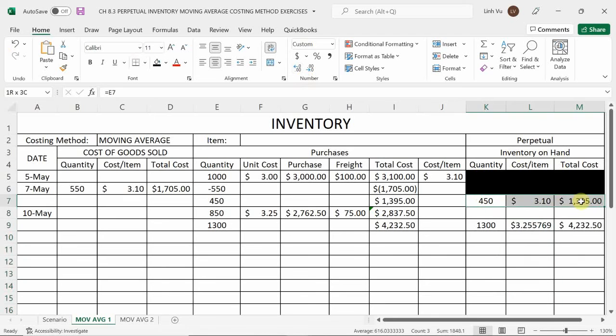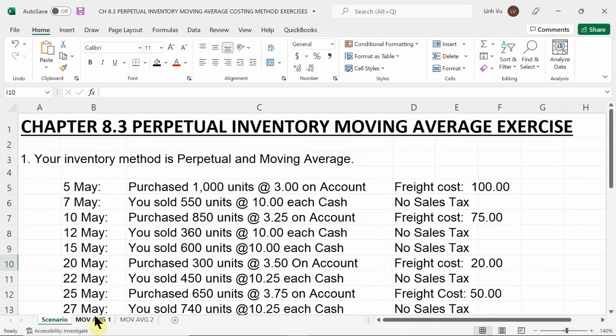So because I did cell reference, I cell referenced it when I copied this over, I need to block it off because I don't care for that. All I care for now is my 1,300 units at $4,232.50, okay? So then let's see what happened next.